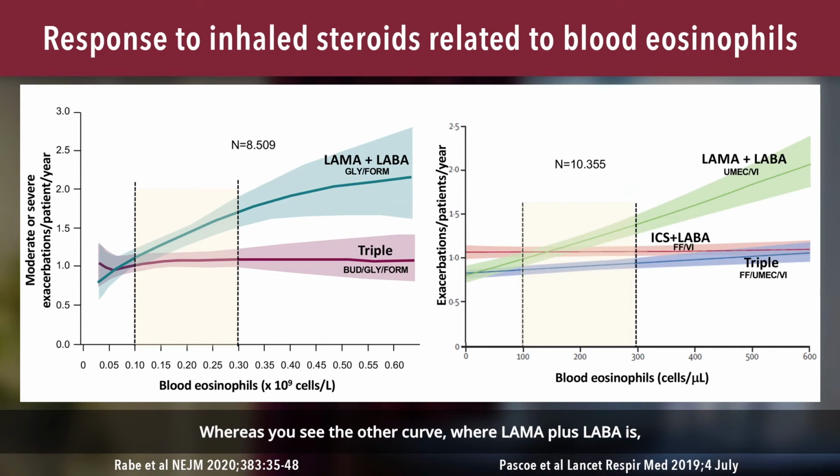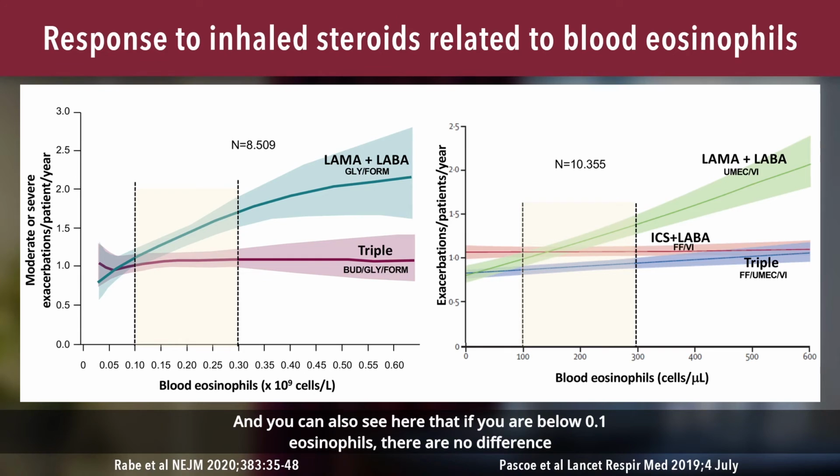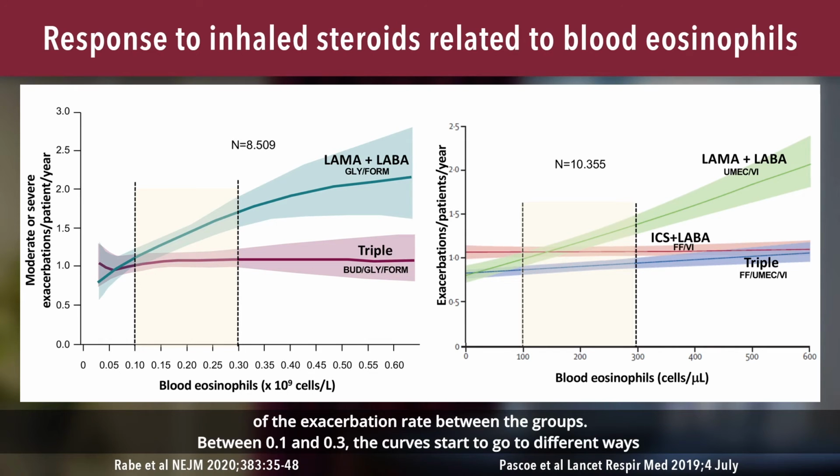Whereas you see the other curve, that LAMA plus LABA, there you can see an increase in exacerbation rate with increased eosinophils. And you can also see here that if you are below 0.1 eosinophils, there is no difference of the exacerbation rate between the groups.